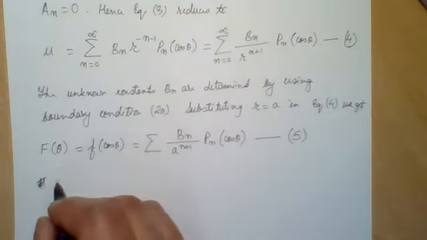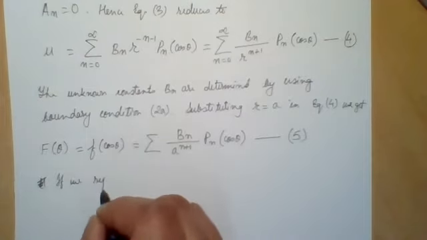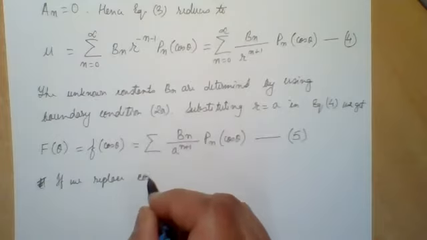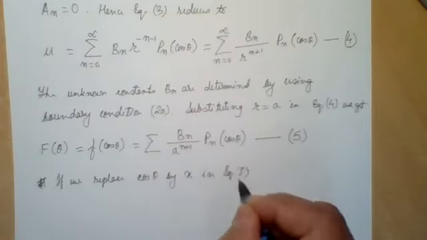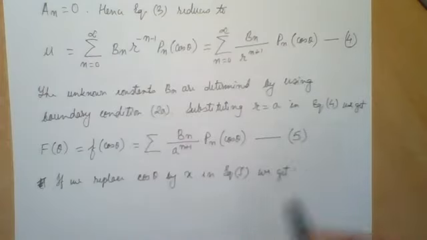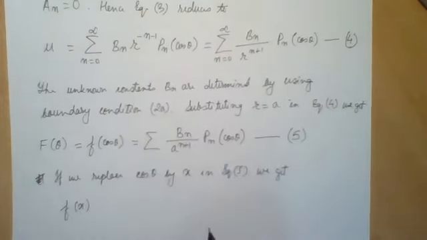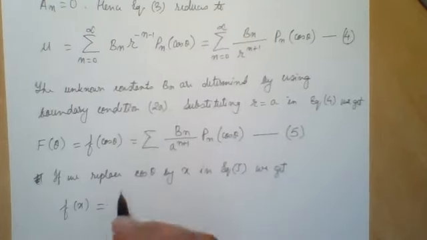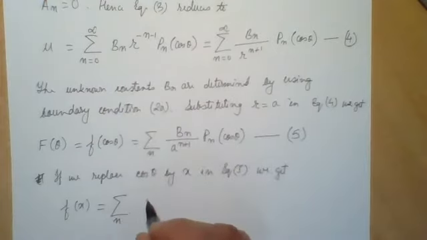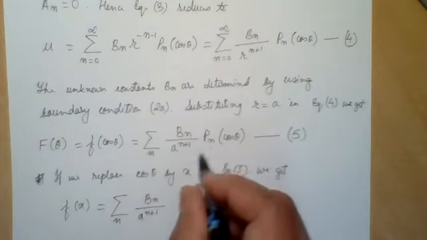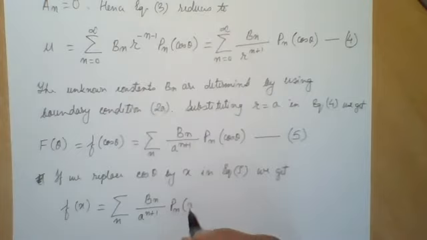So if we replace cos theta by x in equation 5, we get f of x, this f of cos theta, f of x, is equal to summation over n, Bn divided by a to the power n plus 1, Pn of x. We can call this equation number 6.